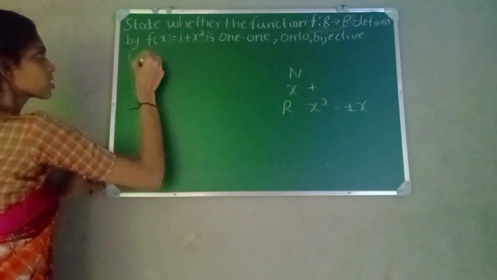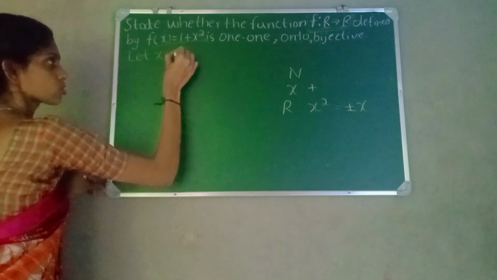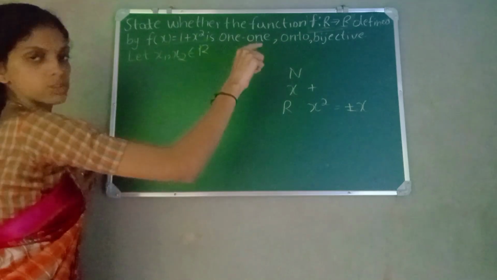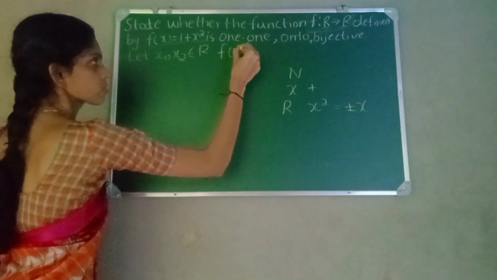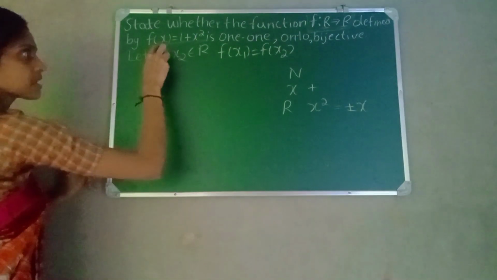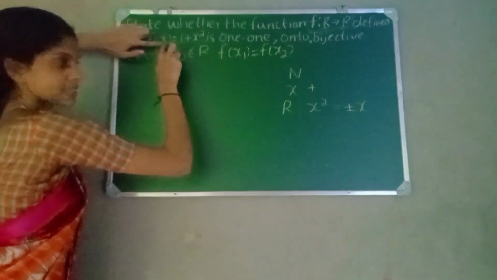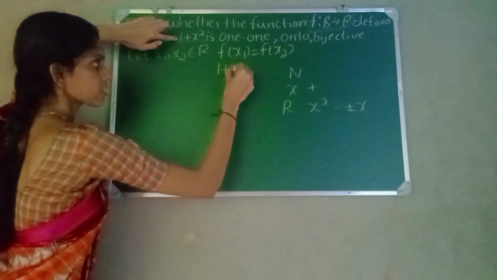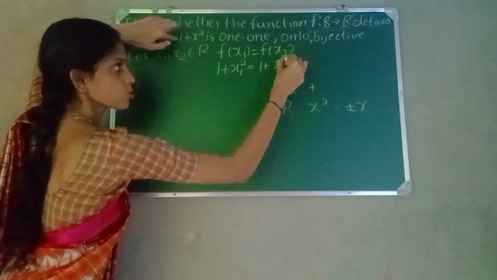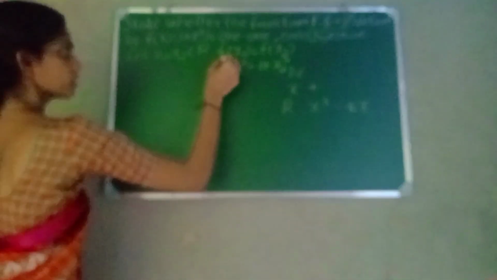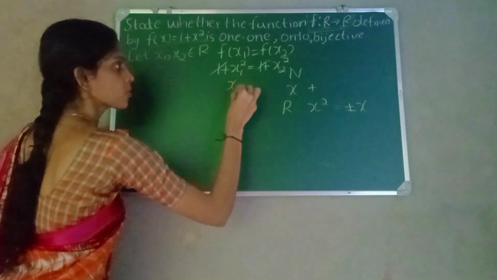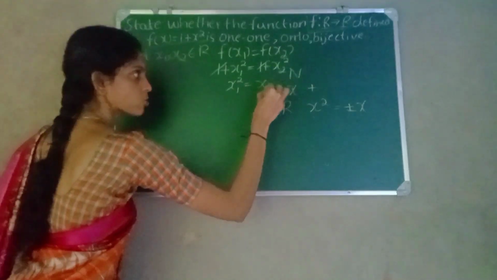So let x1, x2 belong to R such that f of x1 is equal to f of x2. Put the x1 value in the place of x. That time 1 plus x1 square is equal to 1 plus x2 square. So now the 1s get cancelled: x1 square is equal to x2 square.